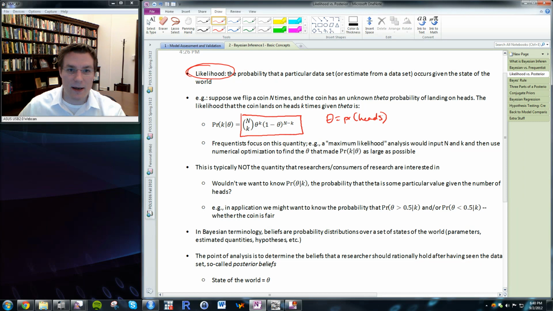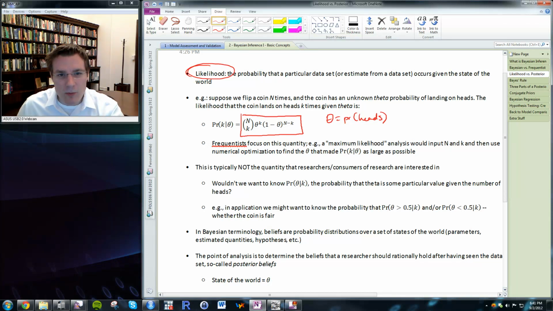That happens k times. And tails happens n minus k times. That happens at probability 1 minus theta because these are mutually exclusive events. And the probability that all these events happen as a group is just the product of the probabilities as given by typical probability theory. So the probability of k heads is the probability of one head, k times, or theta to the kth power.